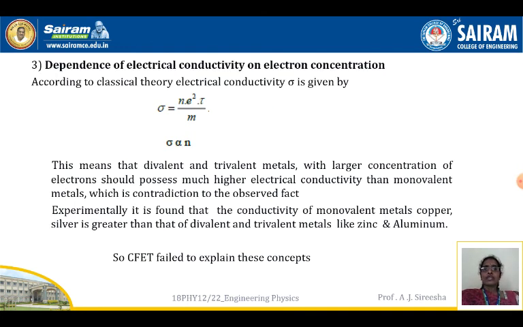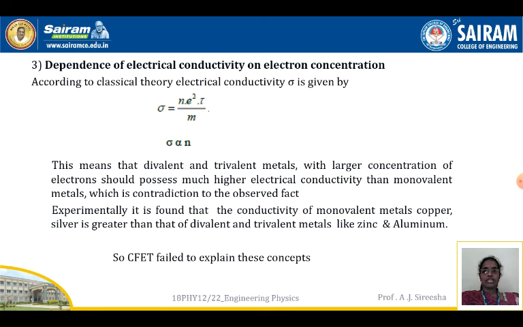Next is dependence of electrical conductivity on electron concentration. According to classical theory, electrical conductivity sigma is given by sigma is equal to n e square tau by m. From here we can say that sigma is proportional to n. This means that divalent and trivalent metals with larger concentration of electrons should possess much higher electrical conductivity than monovalent metals, which is a contradiction to the observed fact.